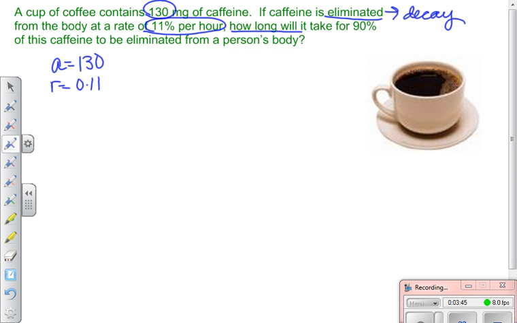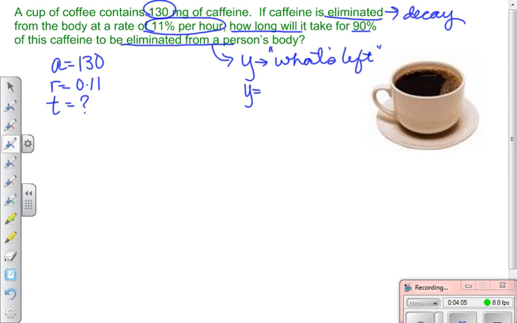How long? Time is what we don't know. But 90% to be eliminated, well, y is what's left in our equation, so y is going to be our 10%.